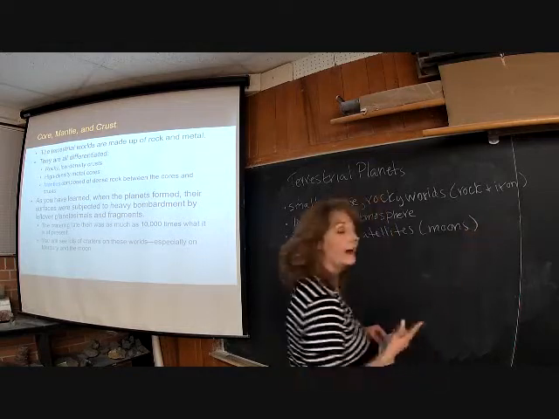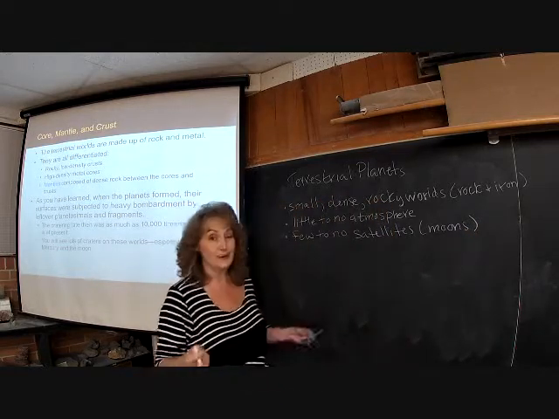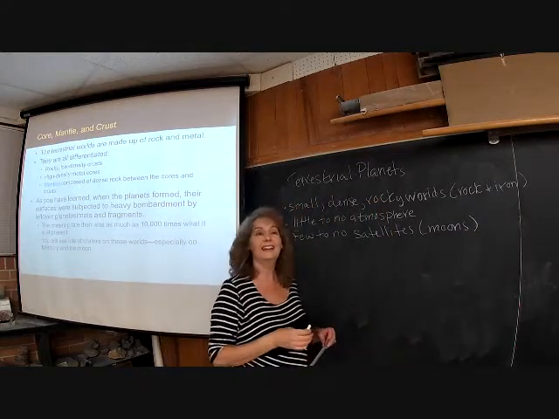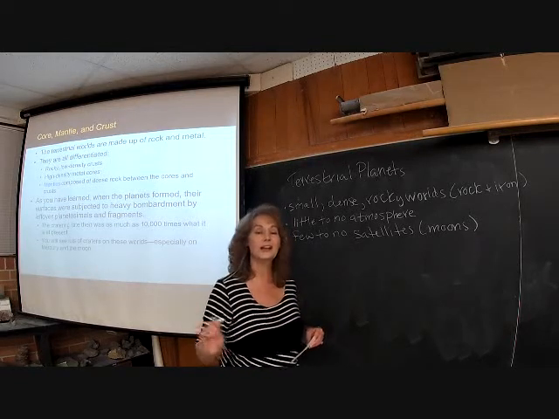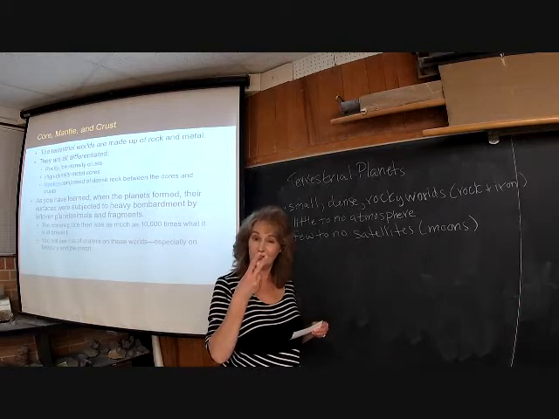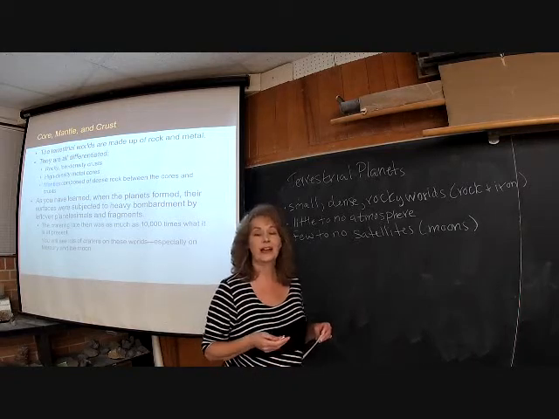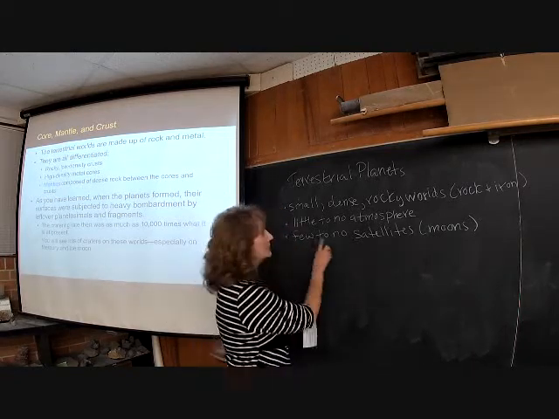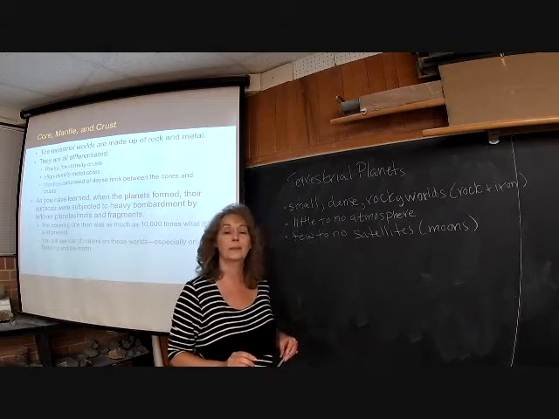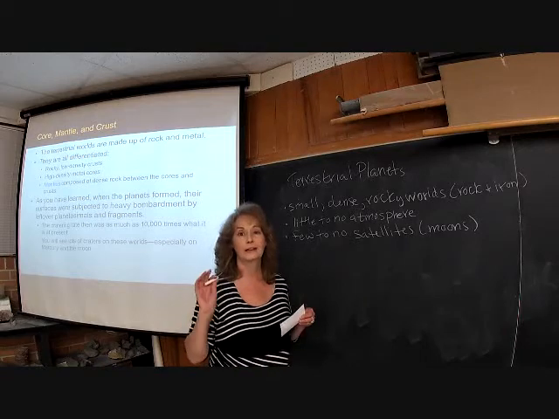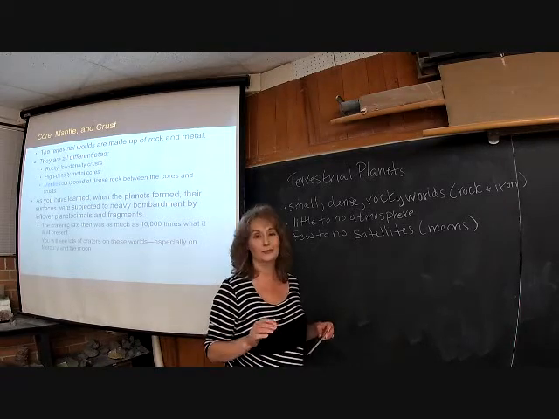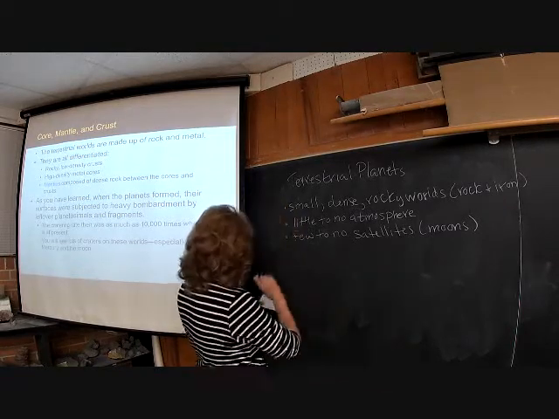So, of course, the Earth has one moon, the moon, and the other ones, Venus has none, Mercury has none, Mars has two that we'll take a look at, but few to no satellites, and definitely in comparison to our Jovian worlds that have many, many moons or satellites, so few to none.